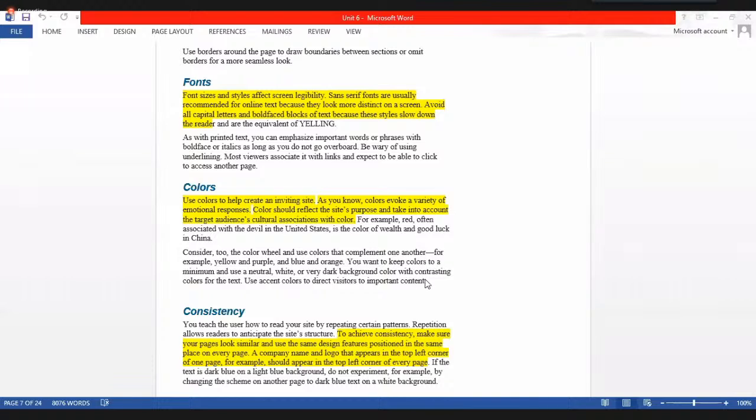In our country also, we have the same thing, isn't it? Red color, I know, is a symbol of good luck. But in the USA, red is the symbol of the devil. So who are your readers? And what is the reader's cultural association with the color? You have to think of that.